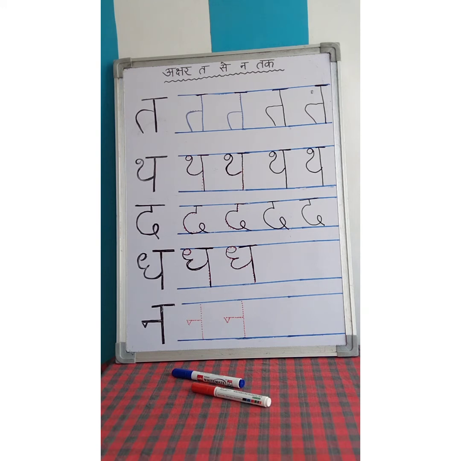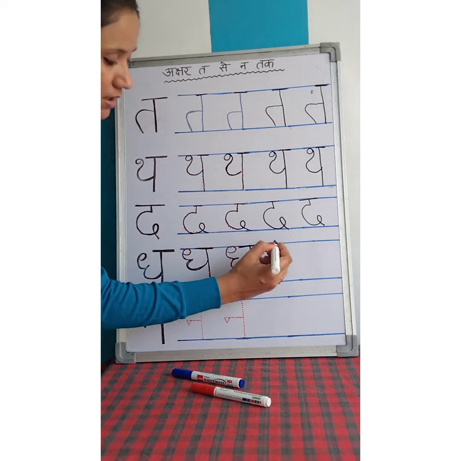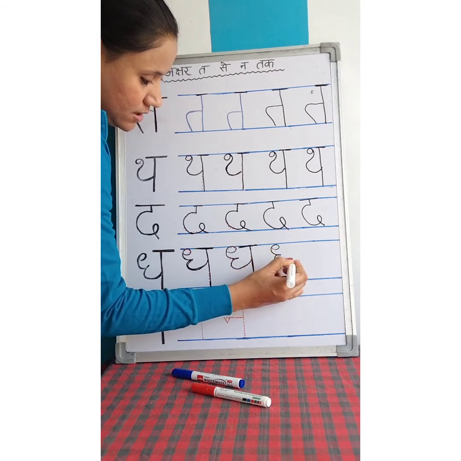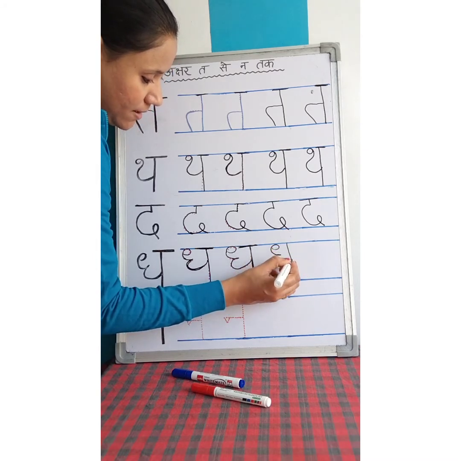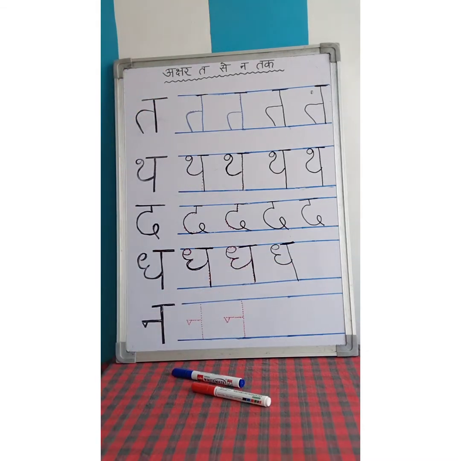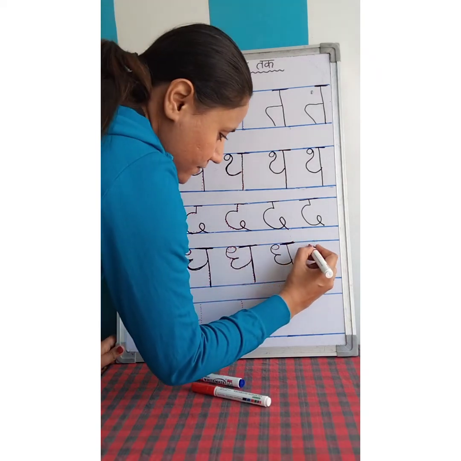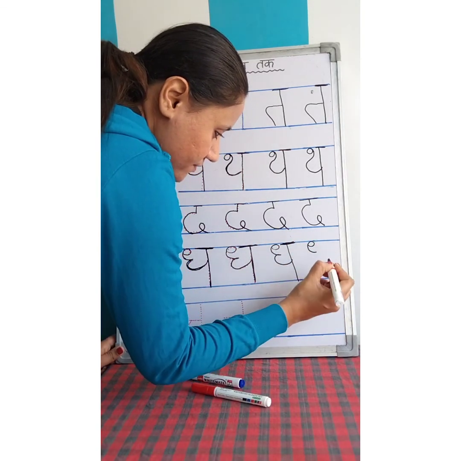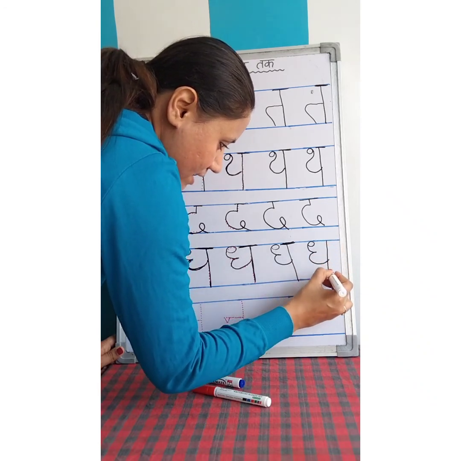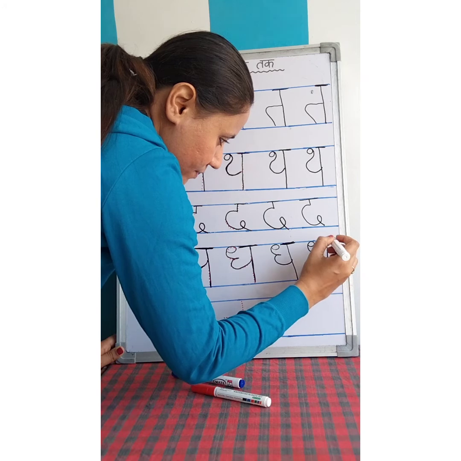Now we will draw it without the tracing lines. Circle, two curved lines, standing line, sleeping line. Circle, two curved lines, standing line, sleeping line.